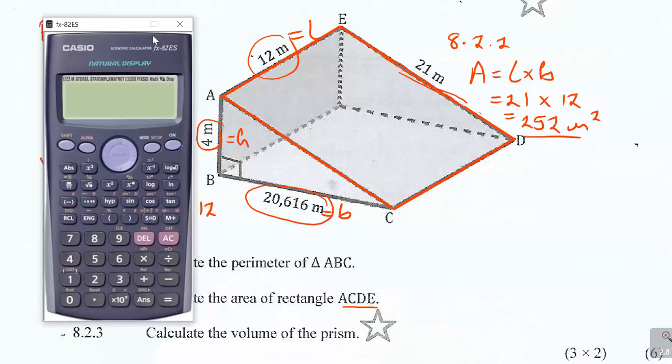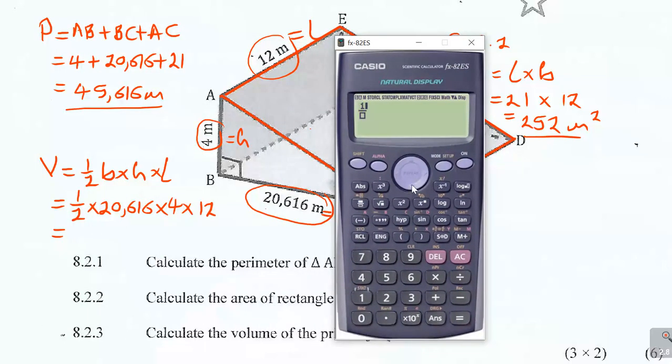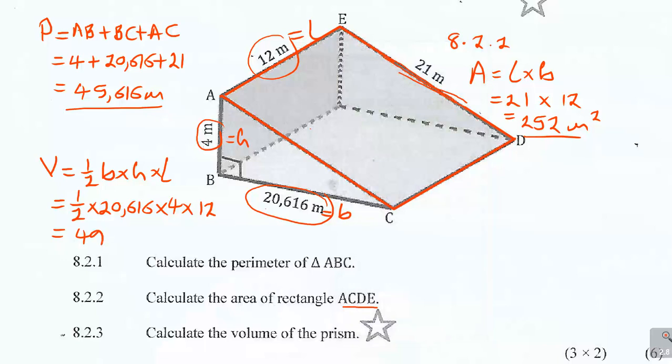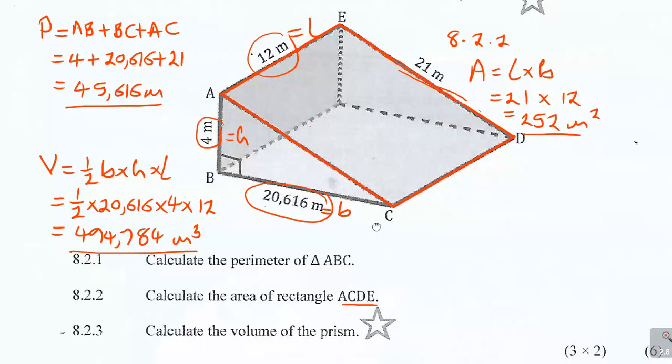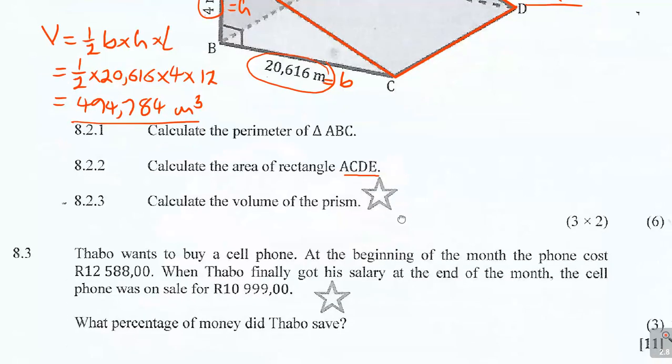Then when you do that, which is half times base, which is 20,616 times 4 times 12, which is equal to 494,784. Remember, it's cubic meters. It's the volume. All right, so that was 6 marks.